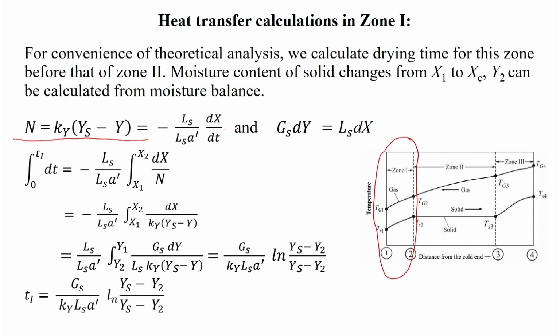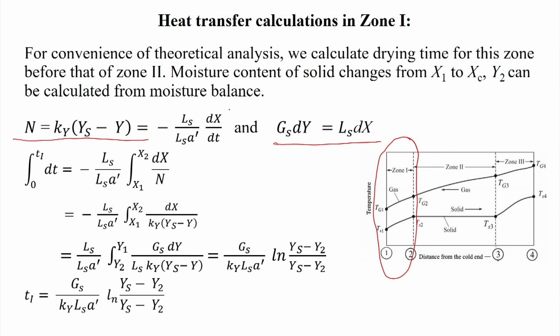And we know that for this type of system, if we take a slice, we will get Gs into dY is equal to Ls into dX. So we will put these two in this equation.